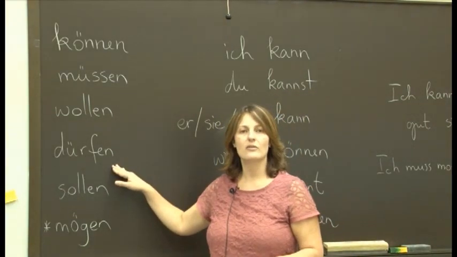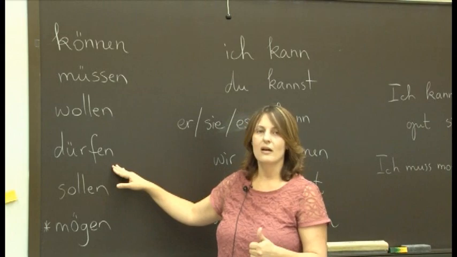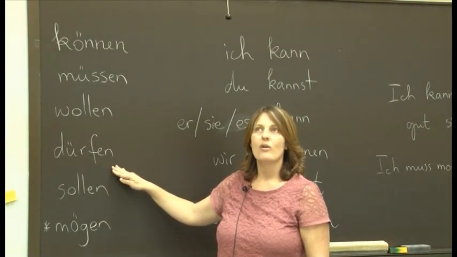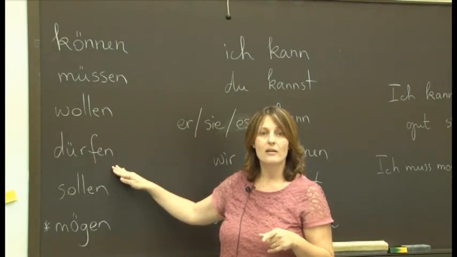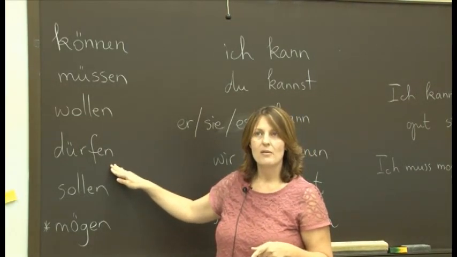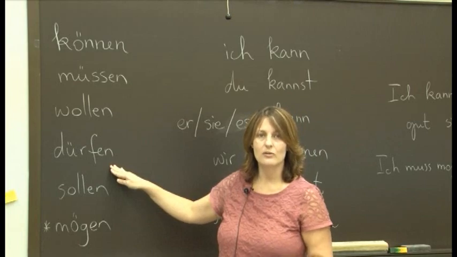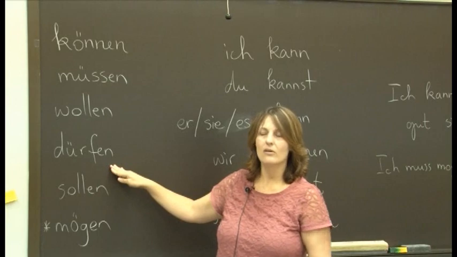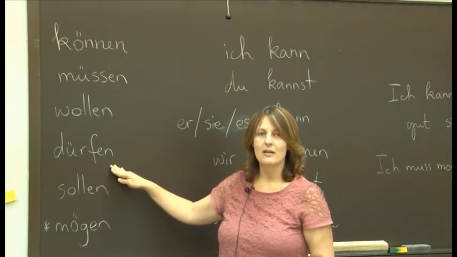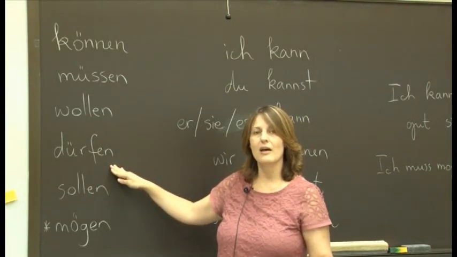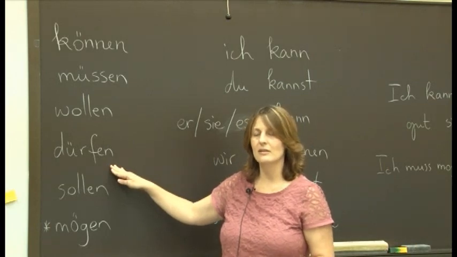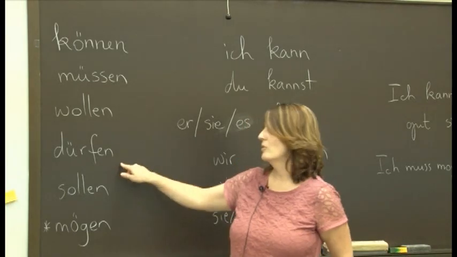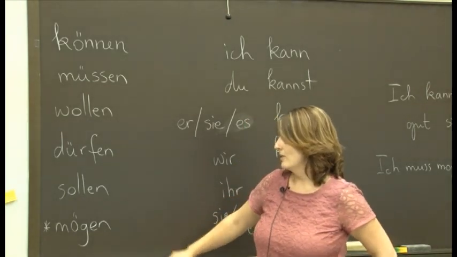So we're not allowed to, we may not drink alcohol and smoke in this classroom, ja? Okay? Oder in Deutschland darf man mit 16 Alkohol trinken. In Deutschland mit 16. So in Germany, you're allowed to drink alcohol at 16. In Texas darf man erst mit 21 trinken. So in Texas, you may do that. You're allowed to do it at 21. Okay? Dürfen.